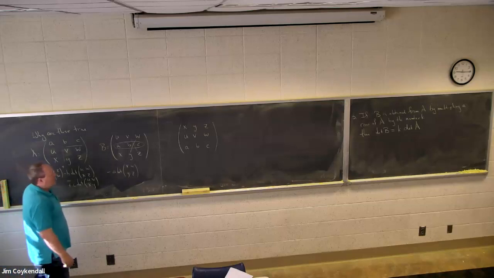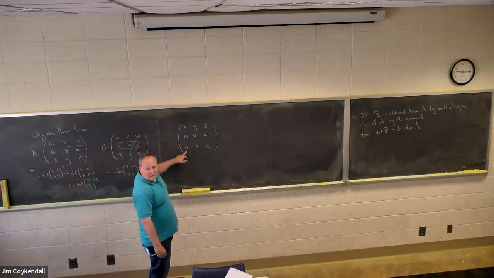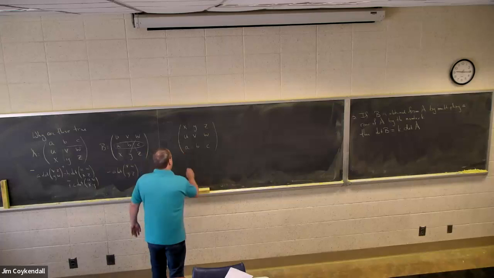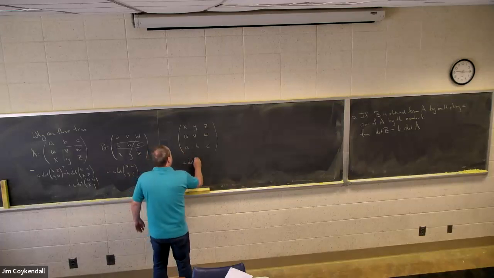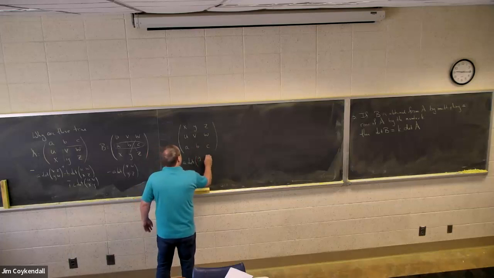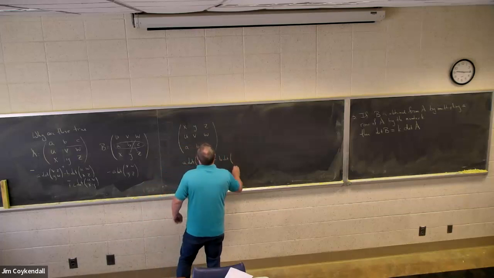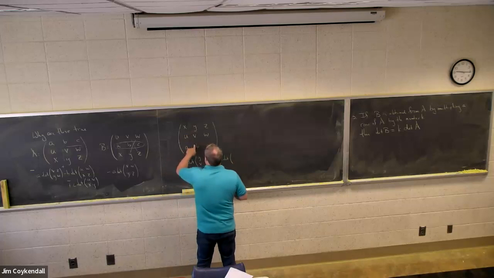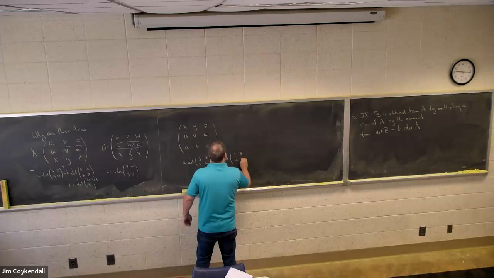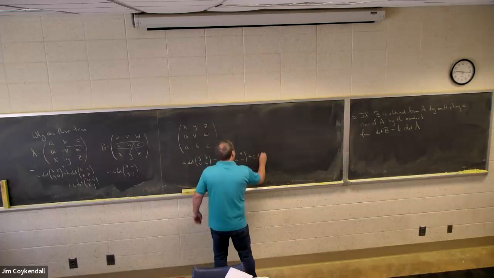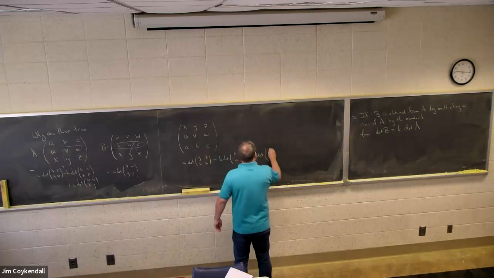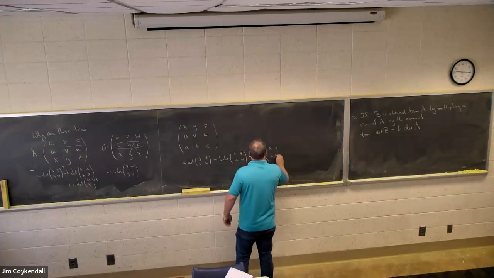Because now the signs are the same. Everybody agree? It's going to be A times the determinant of whatever's left over, YZ, BW, minus B times the determinant of XZ, UW, plus C times the determinant of XY, UW.